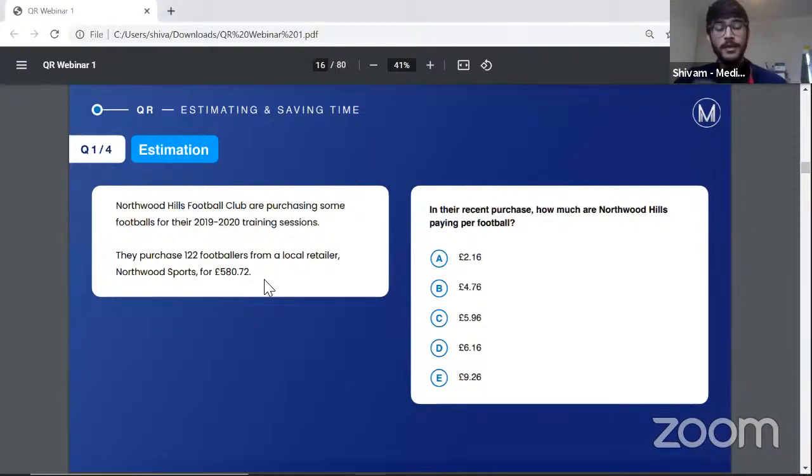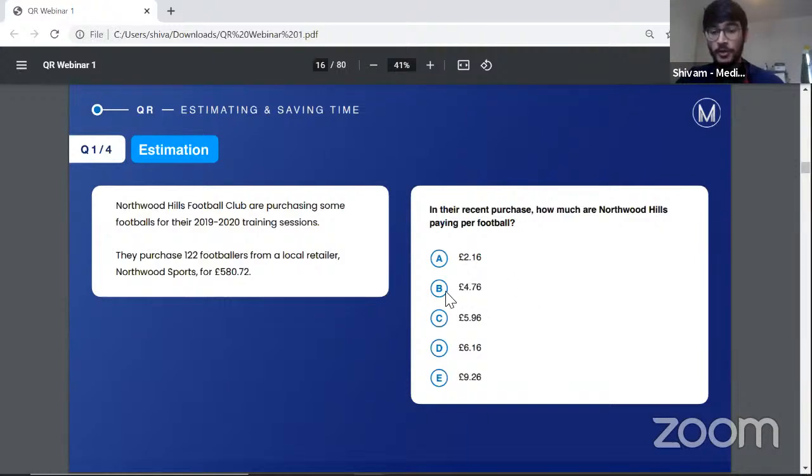But if you don't have a lot of time, and if you want to answer this question very quickly and efficiently, what you could have done is actually just rounded this up to 600 and rounded this down to about 120. So 600 divided by 120 off the top of my head is 5. So I know here that this B is the closest number to 5 out of all the answer options.